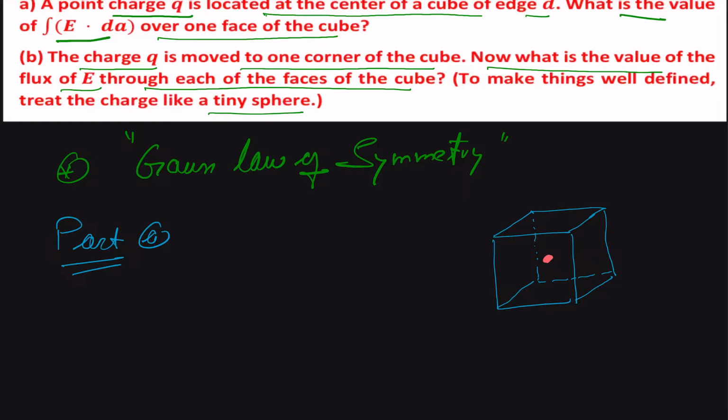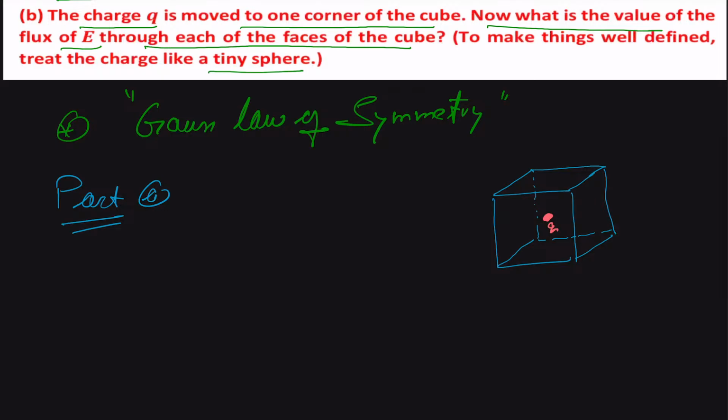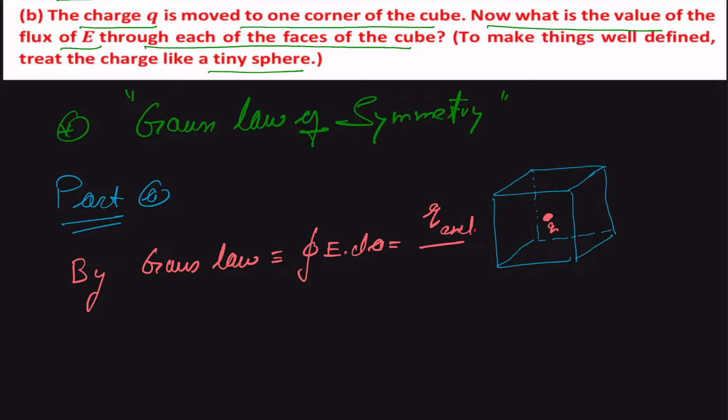And this charge is given as our Q. Therefore, we can say by Gauss law, the closed integral of E dot dA will be equal to the charge enclosed divided by epsilon naught.